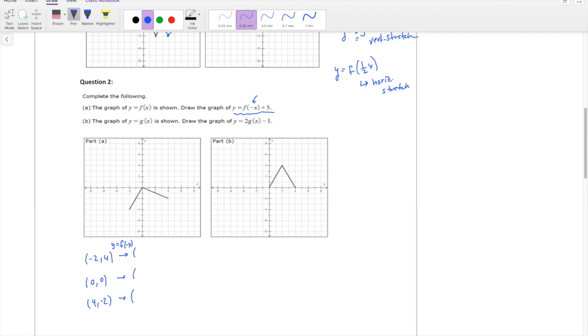We know this is a y-axis reflection. Again, you do the opposite, so we're going to take the opposite of each x coordinate. Remember, this is happening on the inside, so it affects the input. So this becomes 2, 0, and -4. Again, the y values stay the same.